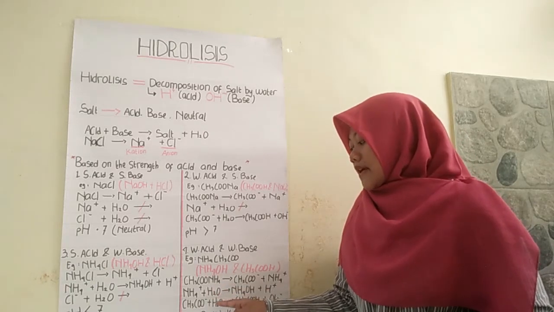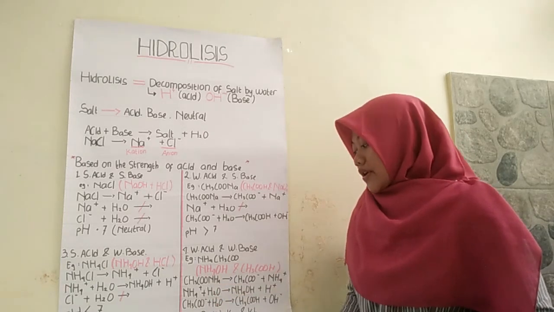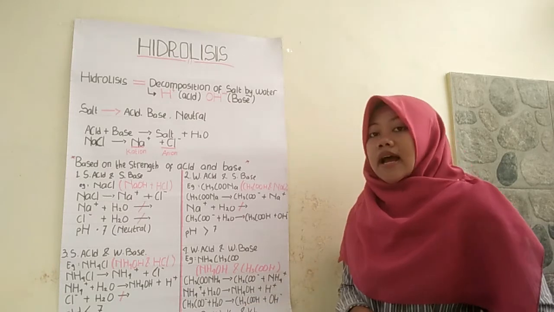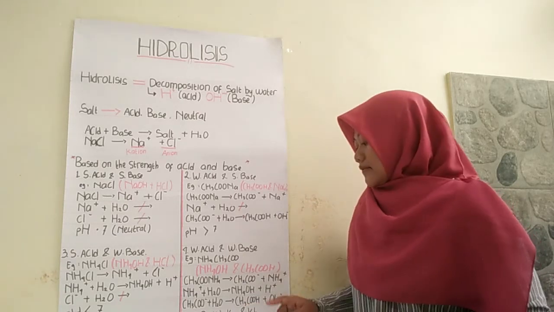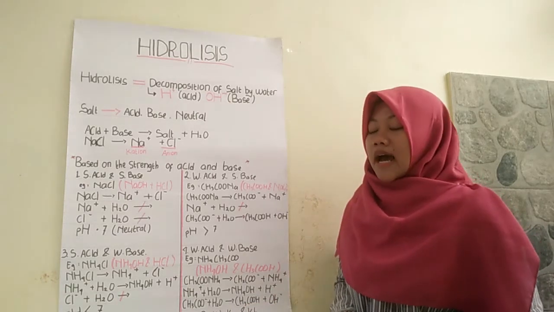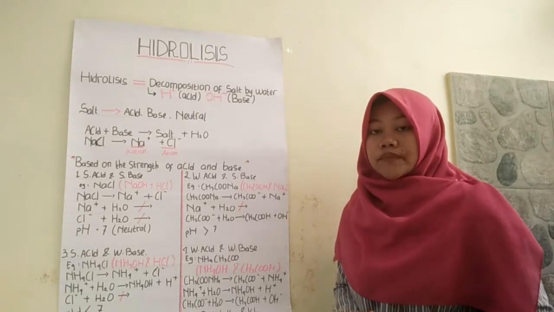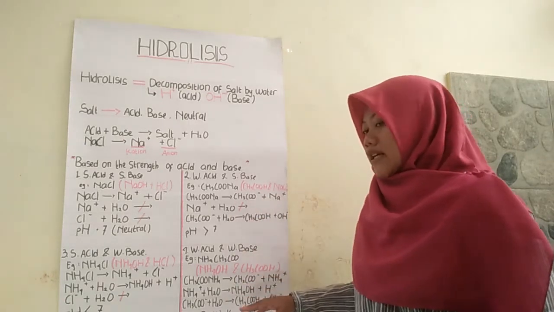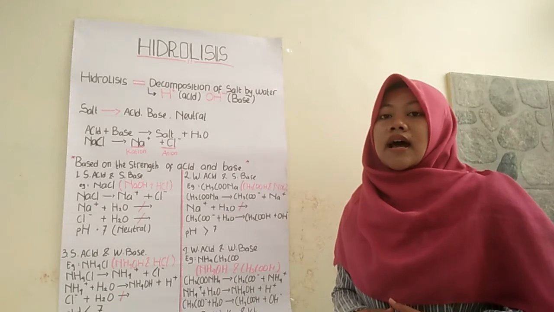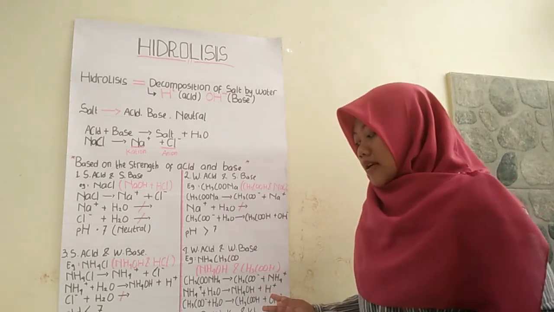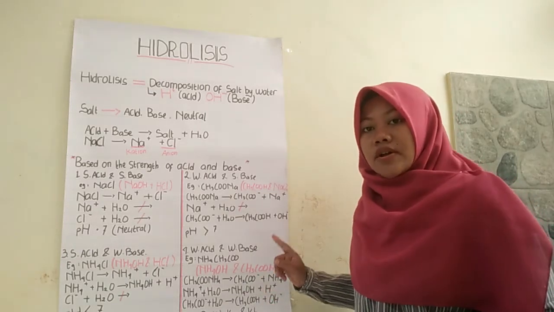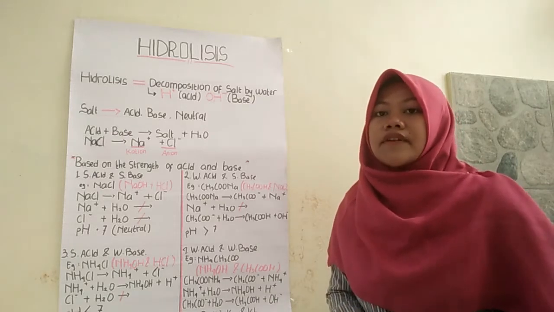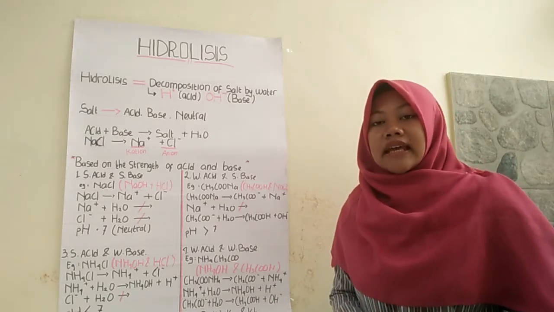CH3COO minus plus water produces acetic acid plus OH minus ion. Because in this solution the reaction is a hydrolysis reaction, the pH of the solution depends on the Ka and Kb.